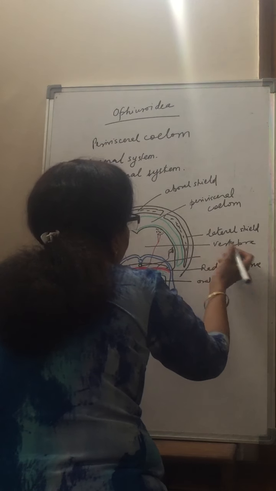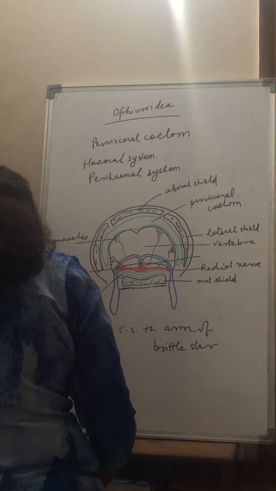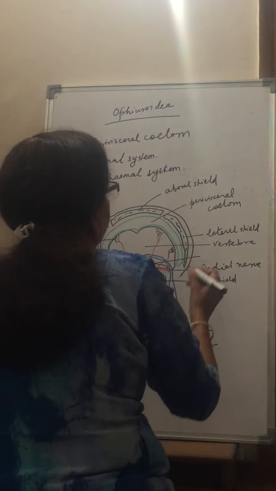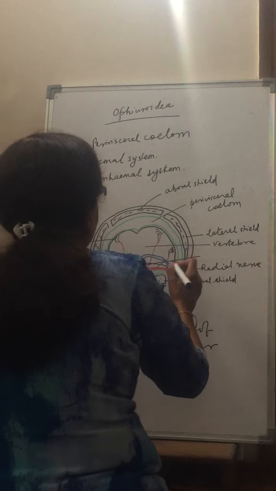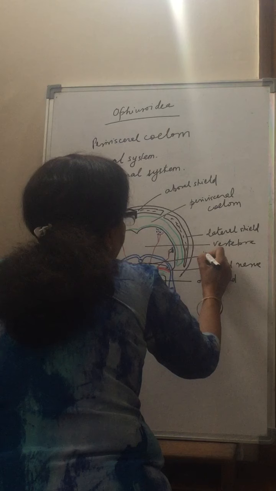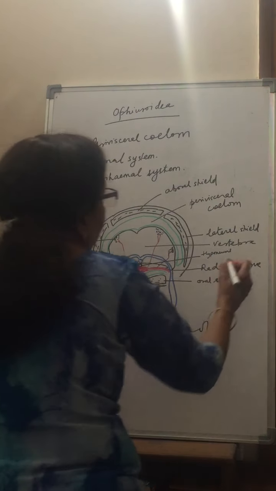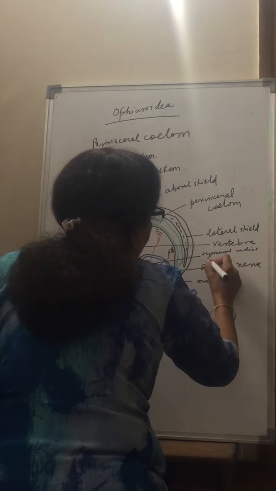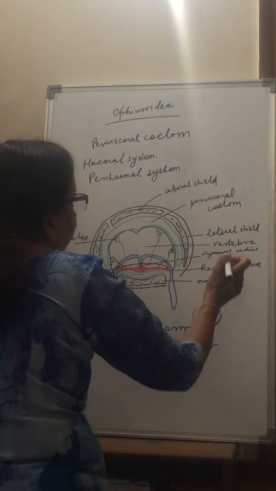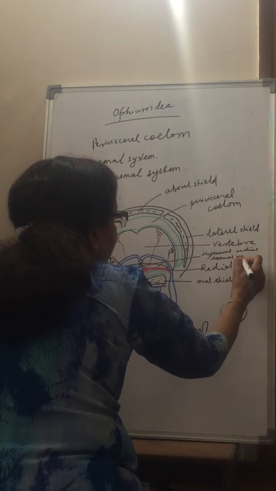Then in the center, this is the hyponeural radial hemal vessel. You can call this hyponeural radial, above the radial nerve, so we call it the hyponeural radial hemal vessel.